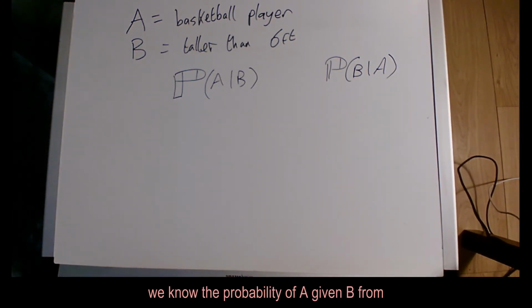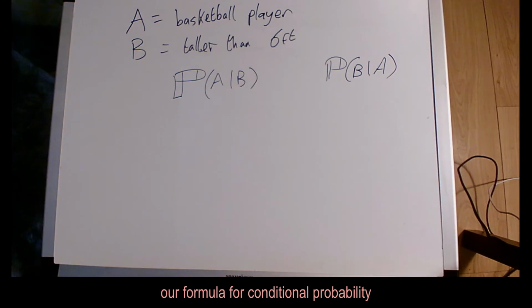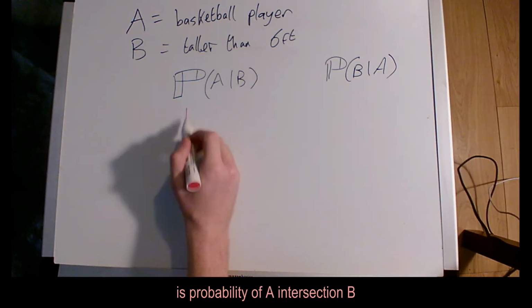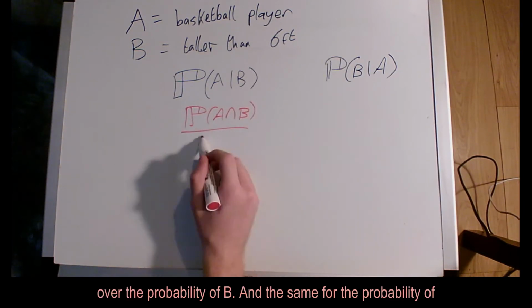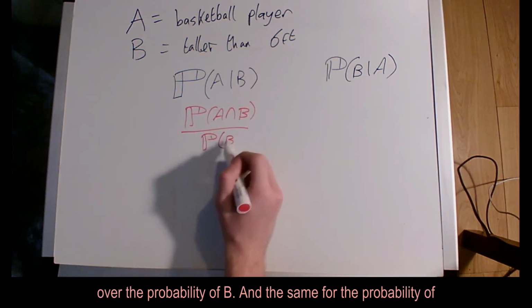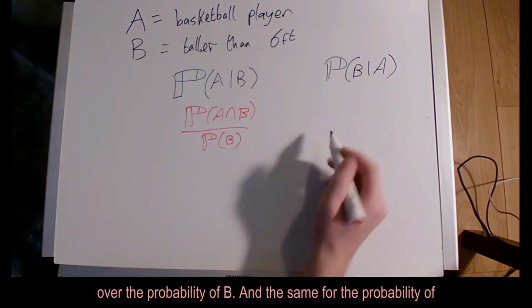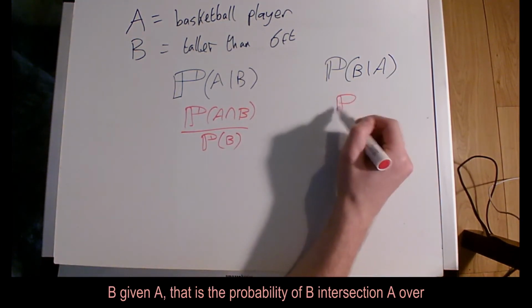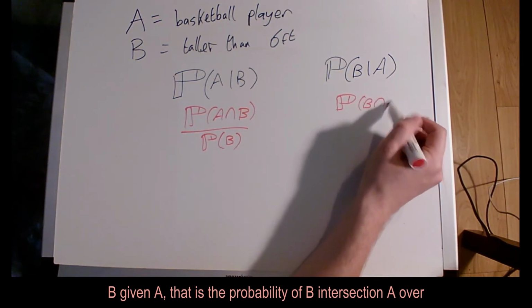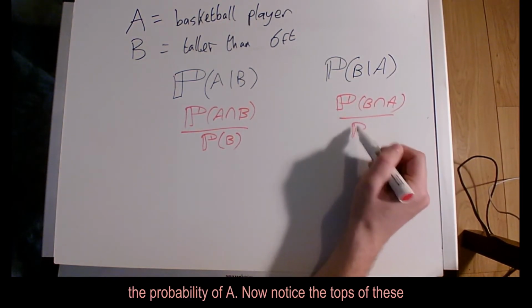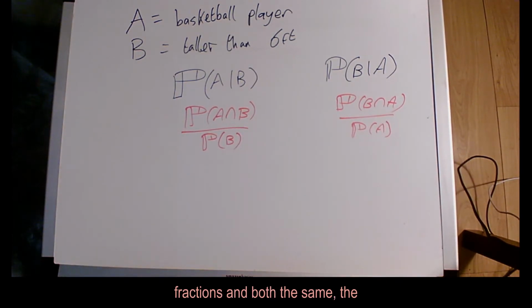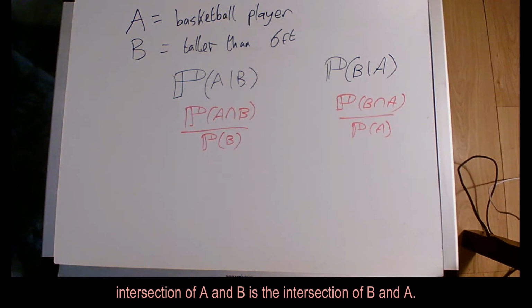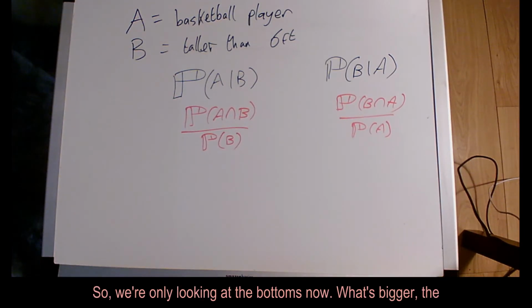Well, we know that the probability of A given B, from our formula for conditional probability, is the probability of A intersection B over the probability of B. And the same for the probability of B given A, that is the probability of B intersection A over the probability of A. Now notice the tops of these fractions are both the same. The intersection of A and B is the intersection of B and A. So we're only looking at the bottoms now.